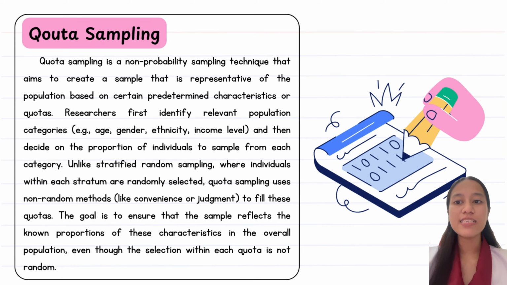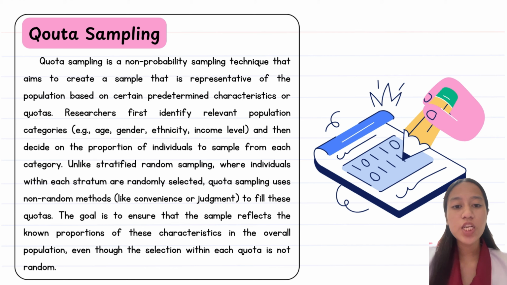Quota sampling is a non-probability sampling technique that aims to create a sample that is representative of the population based on certain predetermined characteristics or quotas. Researchers first identify relevant population categories, for example, age, gender, ethnicity, or income level, and then decide on the proportion of individuals to sample from each category.